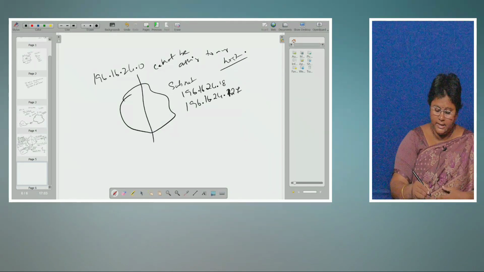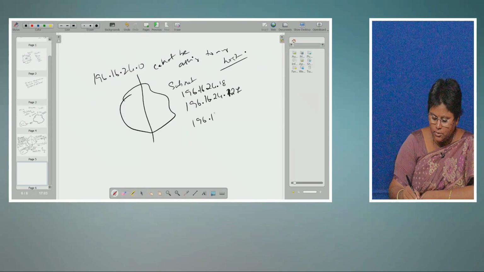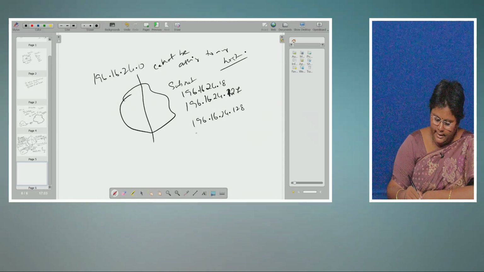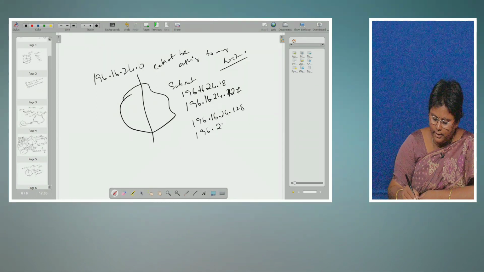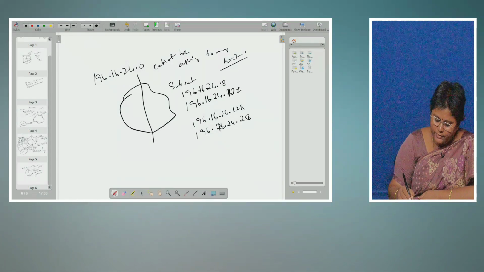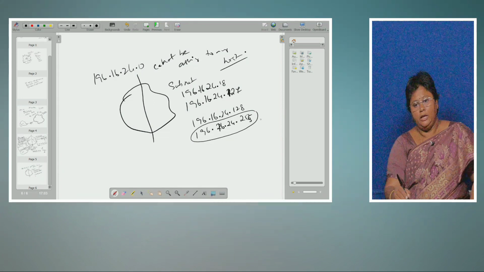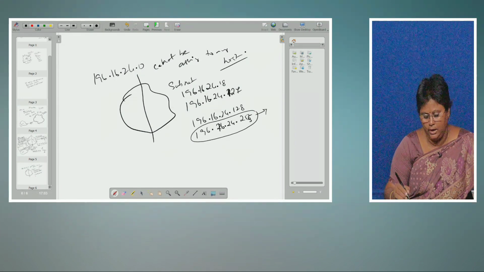Similarly, the second subnet starts from 196.16.24.128 and ends at 196.16.24.255. This 255 is called the direct broadcast address, and we cannot assign this address to any host.